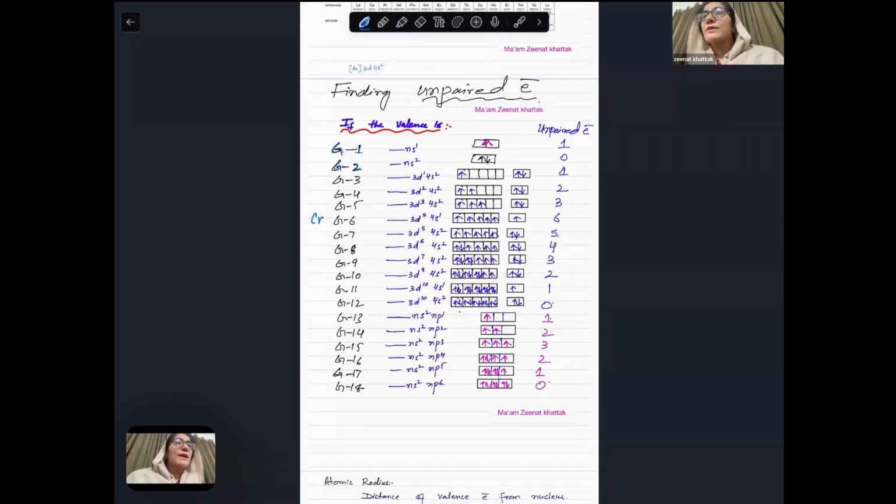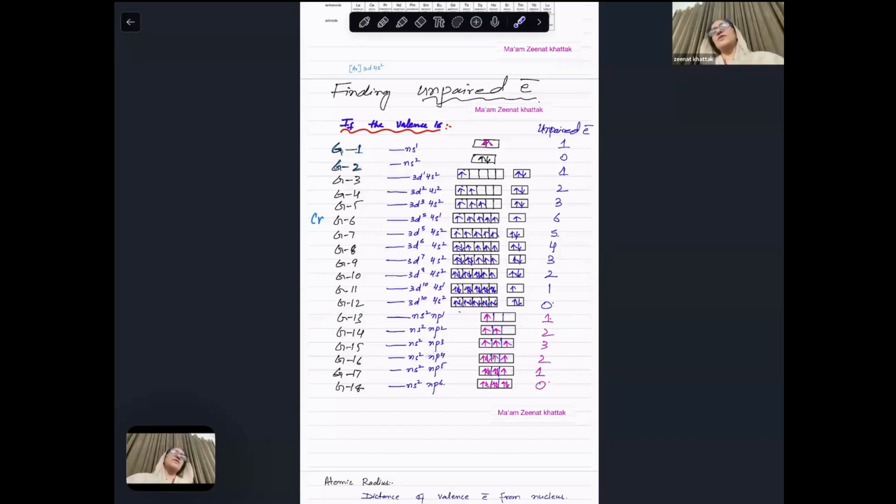Manganese, 5 unpaired. Then 4 unpaired, 3 unpaired, 2 unpaired, 1 unpaired, 0. And P1, 1 unpaired, P2, 2 unpaired, P3, 3 unpaired. But if it is P4, 2 unpaired, P5, 1 unpaired.